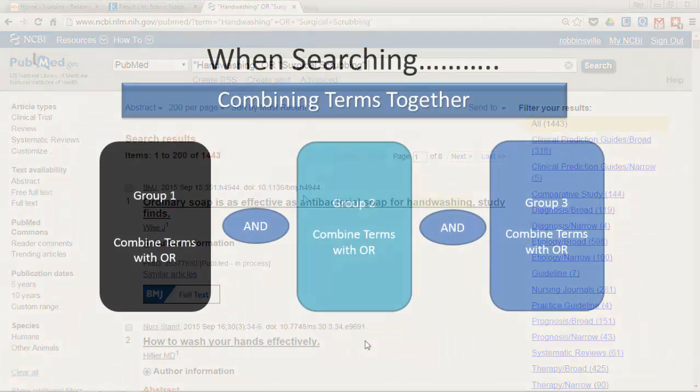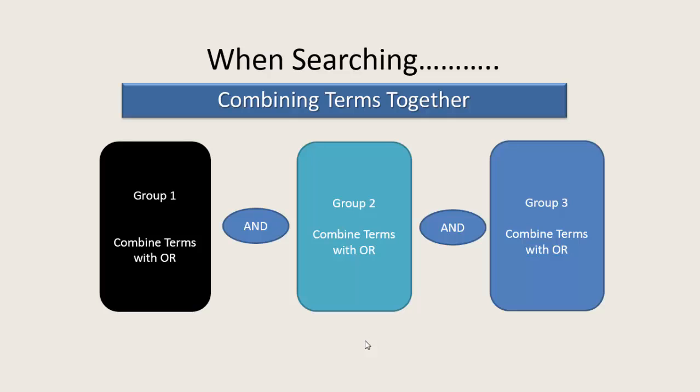Now, if you want to think of this in a different way, think of your groups of terms as concepts. Say group 1 is your hand washing group, and group 2 is your hospital-acquired infection group. Any term that's used to describe hand washing, say in group 1, you're going to or together.